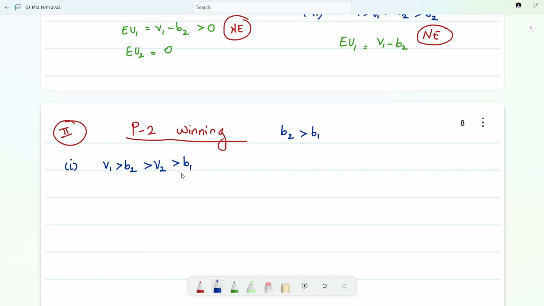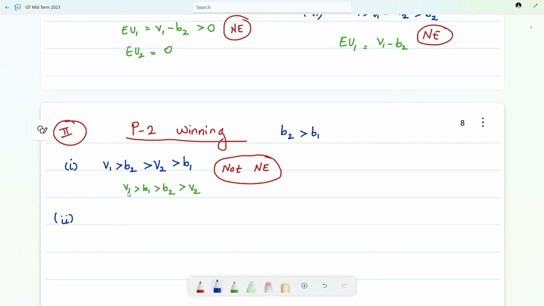So I'm saying if he bids, let's say, V1 greater than B1, as you can see, he has increased his bid from B1 to slightly lesser than V1 but greater than B2. He is winning the game and there exists a profitable deviation. Hence, not a Nash equilibrium. This case is gone. Okay. All right. Consider another case.